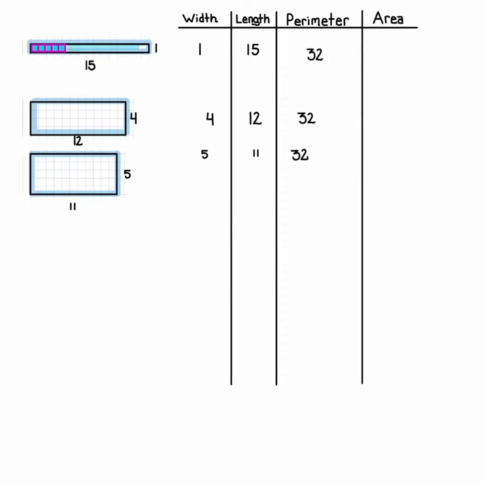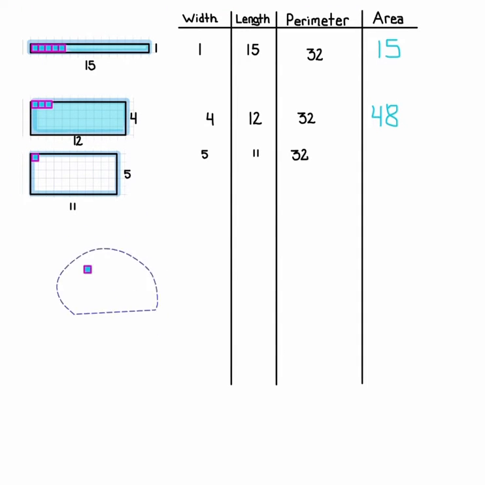So 1 times 15 in that top rectangle, that holds 15 squares. Okay, in that next rectangle, we could again just start counting the number of squares, 1, 2, 3, 4, but a shortcut to find how many squares on the inside is 12 times 4, and this time we get 48. So that rectangle is holding a lot more.